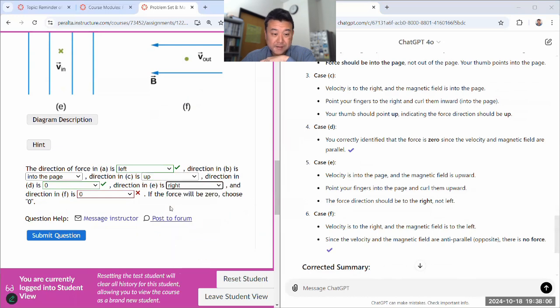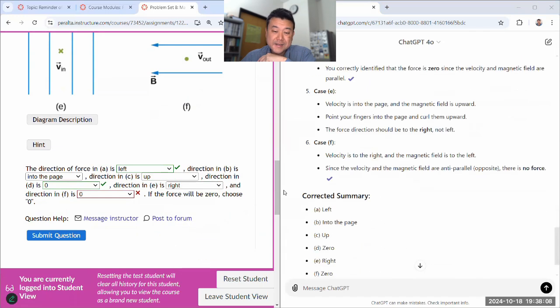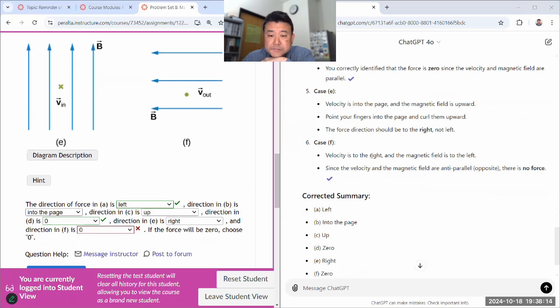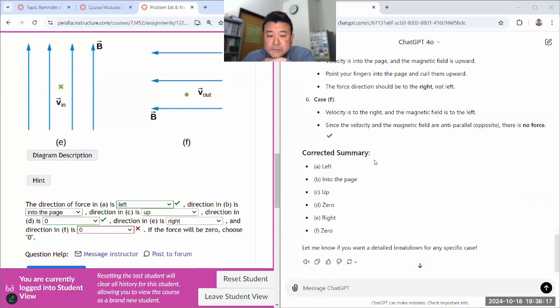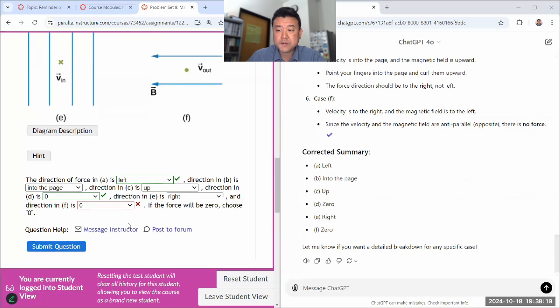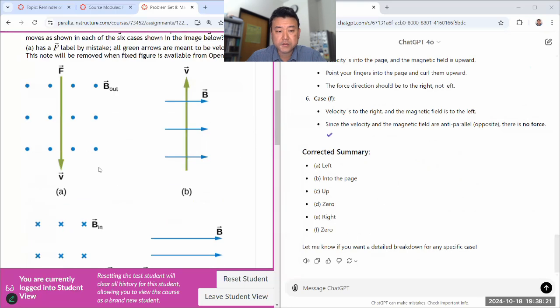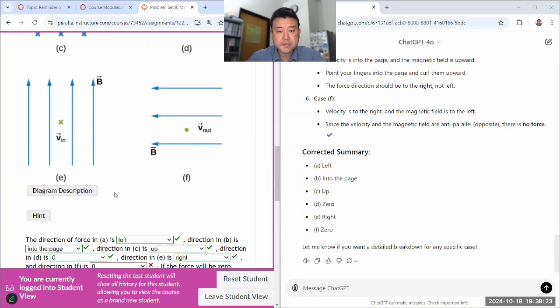Should be right. Yeah. So, as I said before, but it's still case F. So I'm still gonna miss 1. So I'll do that and then try to get it to correct itself on this.